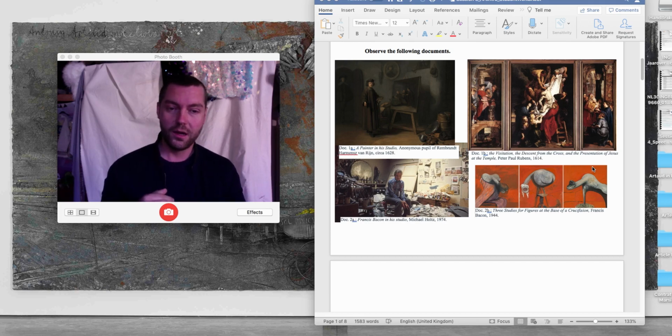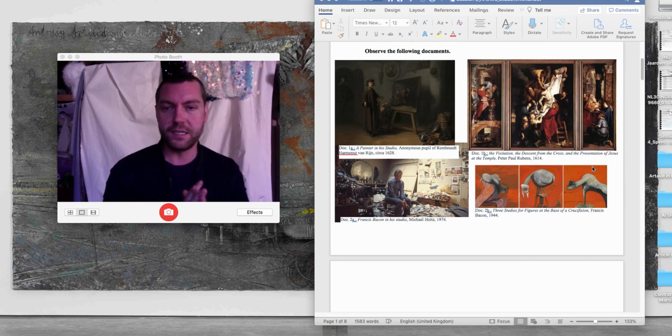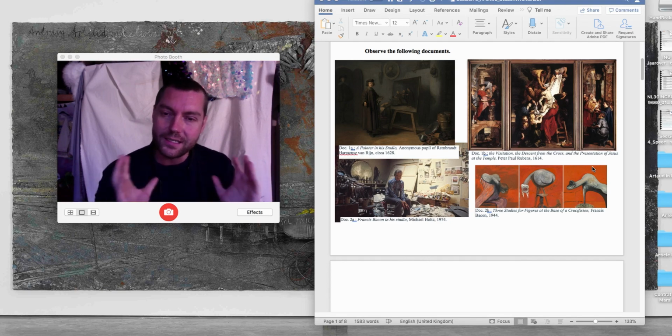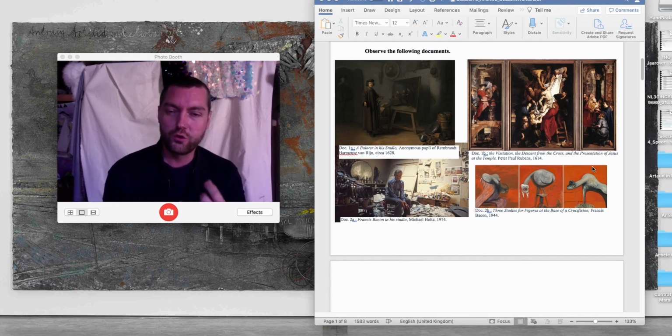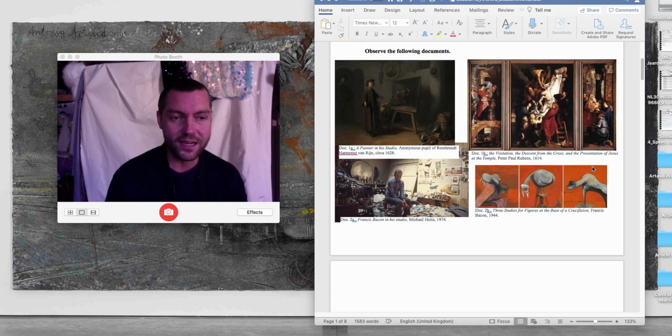Rembrandt obviously painted quite realistic, figurative paintings, whereas the second one of Bacon is a photograph, and a photograph is supposed to give a more truthful, real depiction of Bacon, who does paintings which are maybe more expressive. So there you see a difference in the ideas.